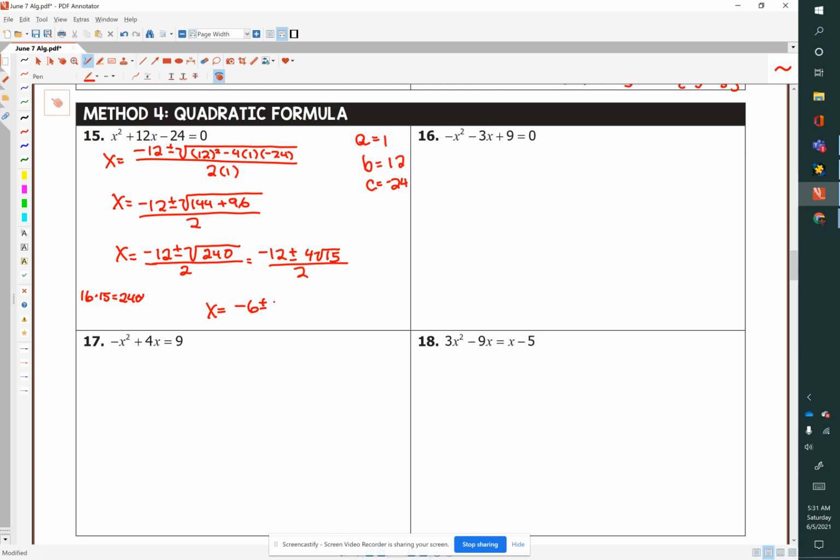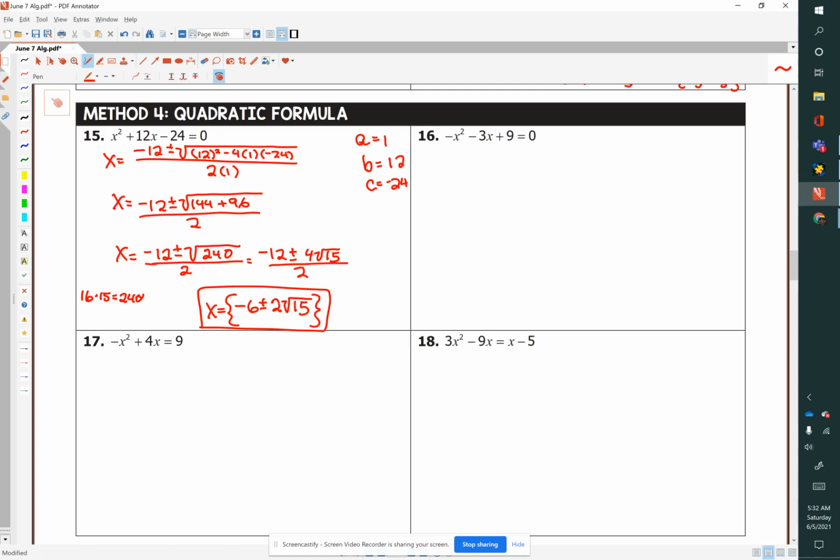And 4 divided by 2 is 2. And I still have that irrational square root of 15. And that is a final answer. Remember, you can divide, but you cannot add or subtract across the plus or minus where you have an irrational number, okay? That's the problem, is the irrational number.